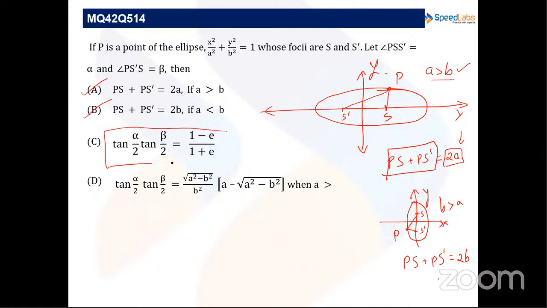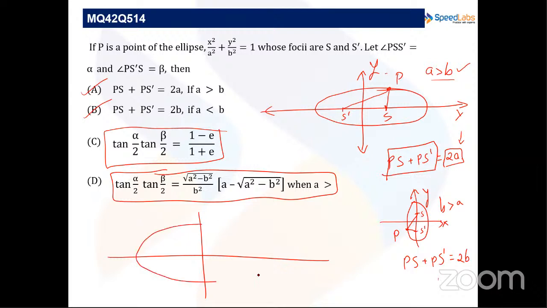Now, moving for the option C or option D, we can see if we are having this point P, this angle here is alpha and this angle here it is beta.